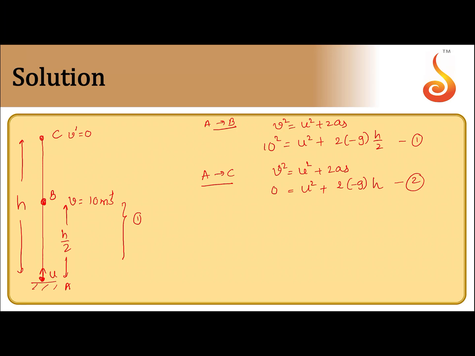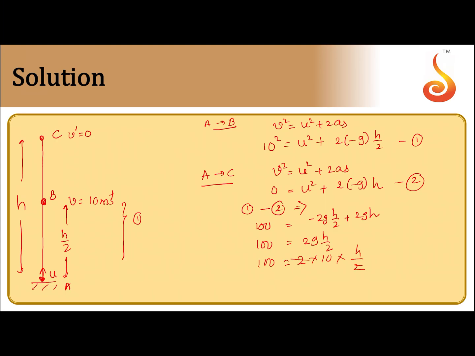Now, let me subtract equation 2 from equation 1, that is 1 minus 2. 100 minus 0 is 100, u square and u square cancel, and this is minus 2 g h by 2, minus of minus plus 2 g h, or 100 is equal to 2 g h by 2. 100 is equal to 2, g is 10 and h by 2.